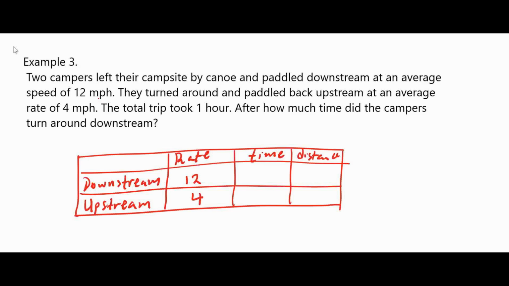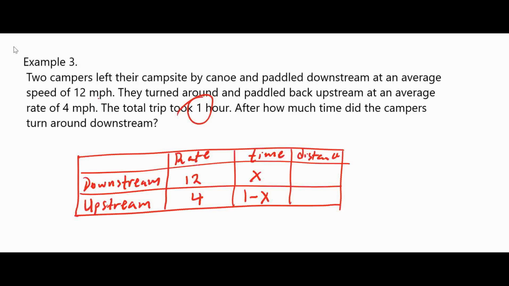So we assume that it took x time to paddle downstream, and then since the total trip took 1 hour, we can now subtract x from 1 to know the time it took for them to paddle upstream.